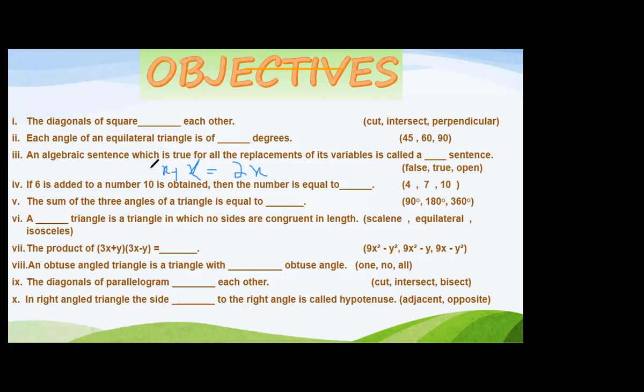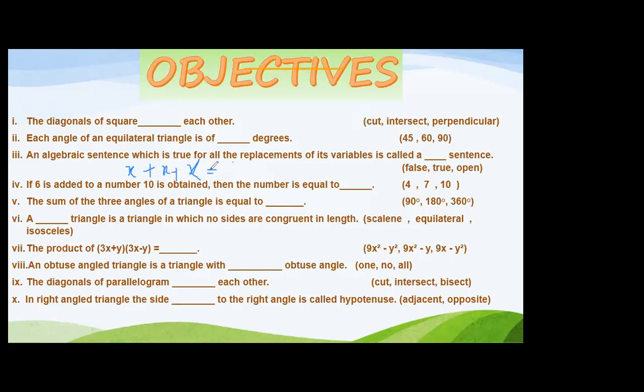Okay, if I add one more x over here. In the participants, I want Sheros to give me the answer. Sheros, x plus x is equals to 2x. It is an example of which sentence? True sentence. I can't hear you properly.